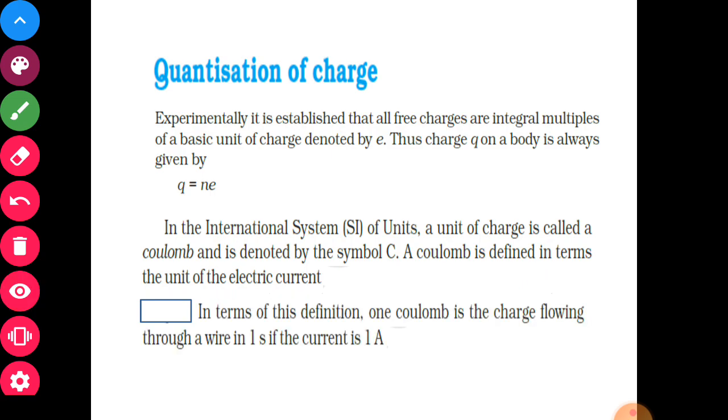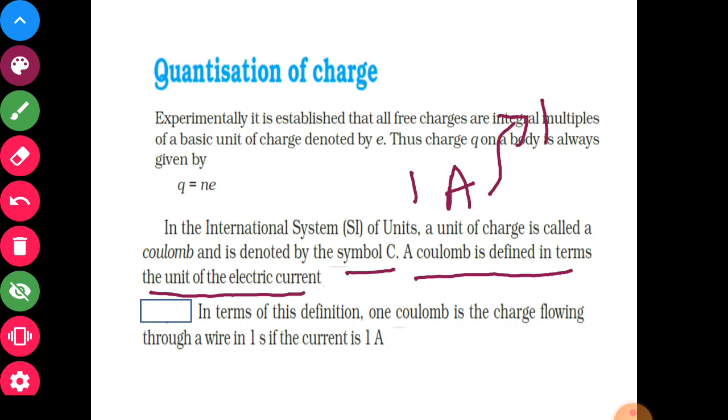Now, in terms of this definition, 1 coulomb is the charge flowing through a wire in 1 second if 1 ampere current flows through it. It means that if 1 ampere current flows through a wire, then after every second, we can say 1 coulomb charge is passing through the cross section of the conductor.